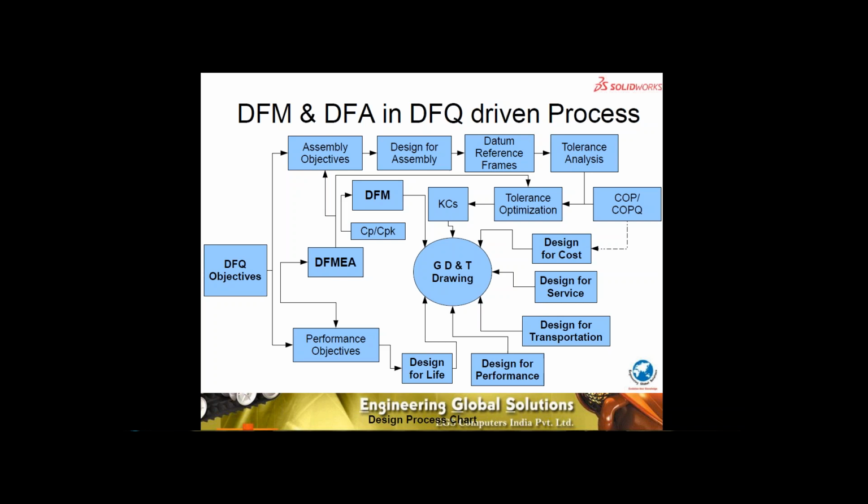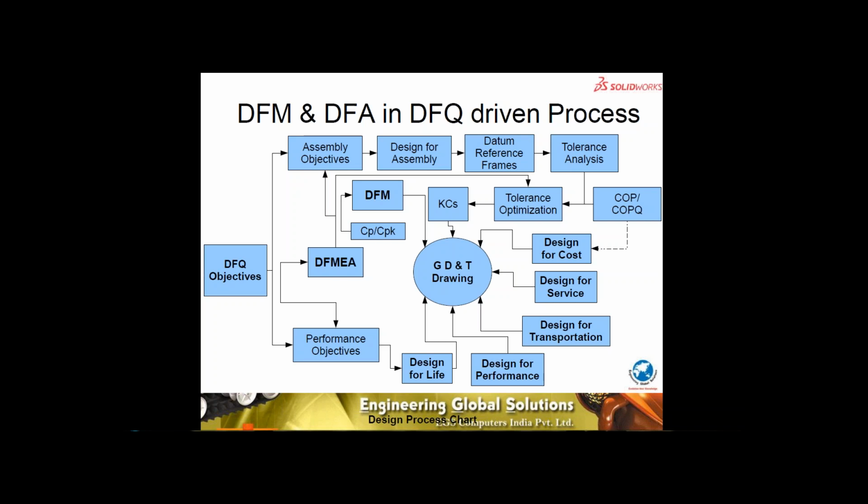The inputs come from design for assembly in this process and the DFM, which is nothing but the design for manufacture, where the input comes from the process capability in terms of the centrality of the process and the process spread, namely by the Cp and Cpk.